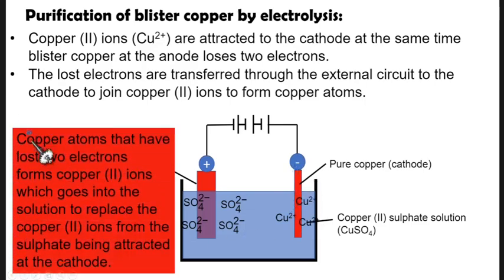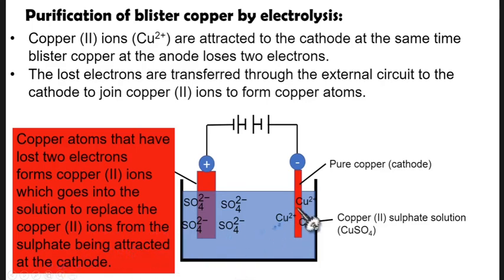Then what we are saying here is these copper atoms that have lost 2 electrons form copper ions. Any copper atom here that loses those electrons that went this way forms copper ions, which go into the solution to replace the copper ions from the surface being attracted at the cathode.